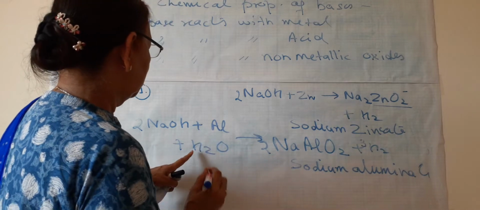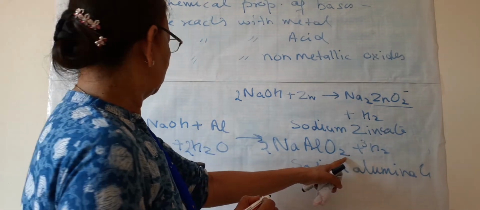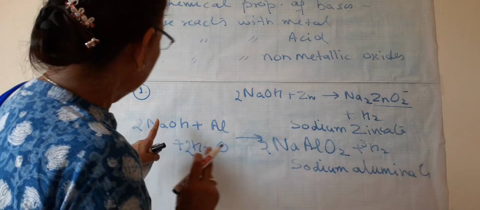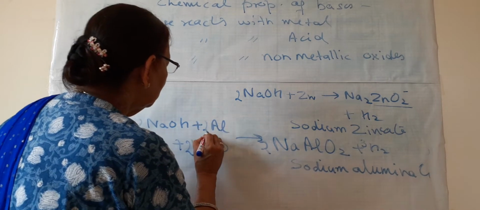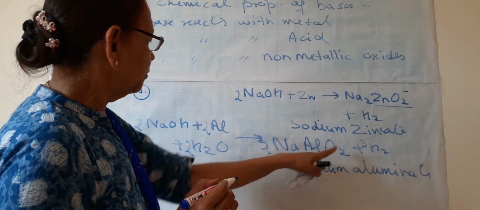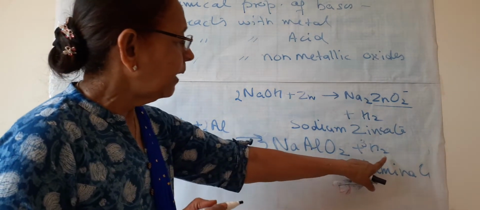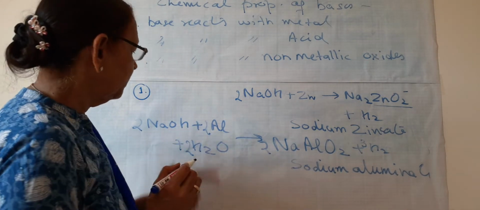4, 6, 2 H2O. So 2 oxygen here, there are 4 oxygen. See, 2 Na, 2 Na, 2 Al, 2 Al. Oxygen, they are 4: 2 oxygen here, 2 oxygen here, 4. Hydrogen, 6: 4 hydrogen here and 2 hydrogen here.